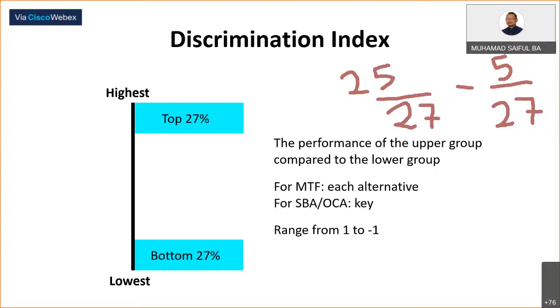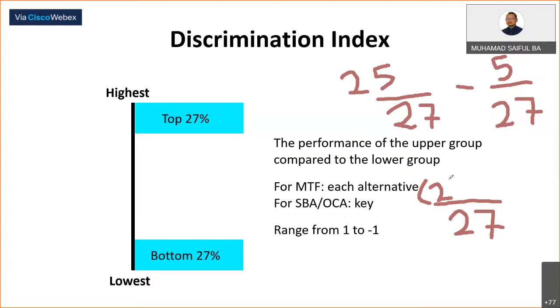Only 5 students were able. It means the students in the upper group, in terms of frequency, got more correct compared to the lower group. Because the denominator is similar, we just put 27 here, and then 25.